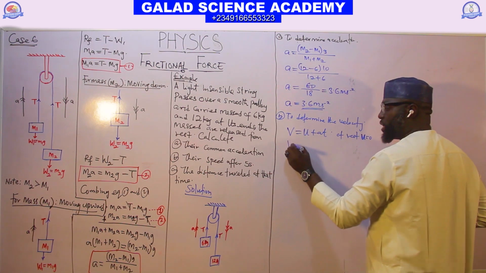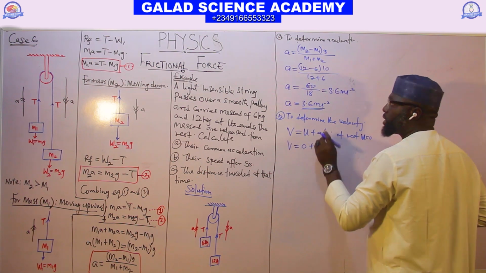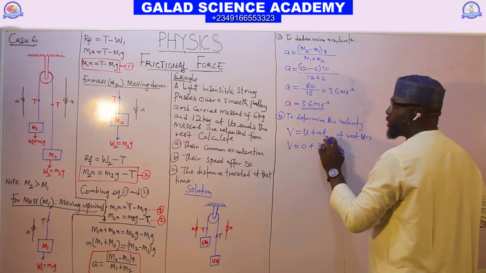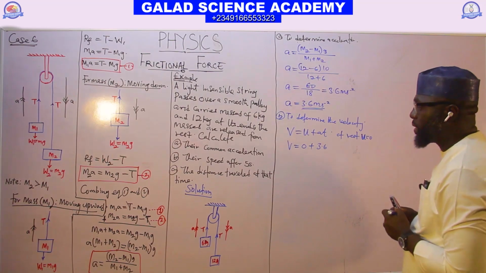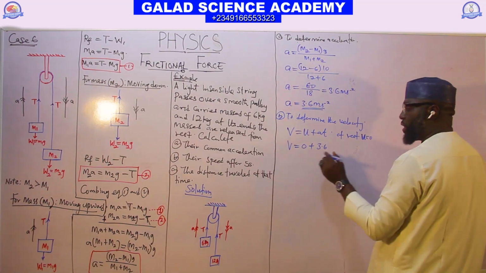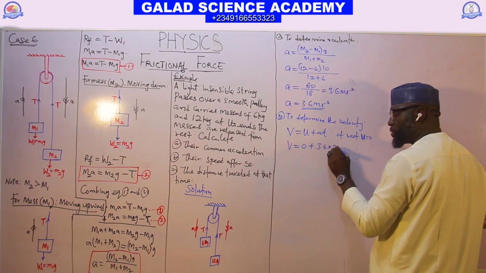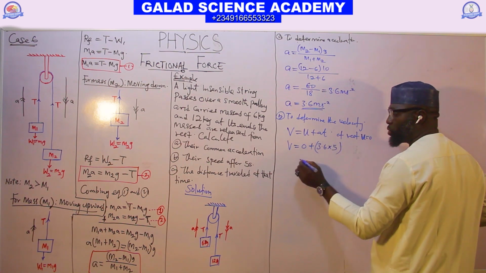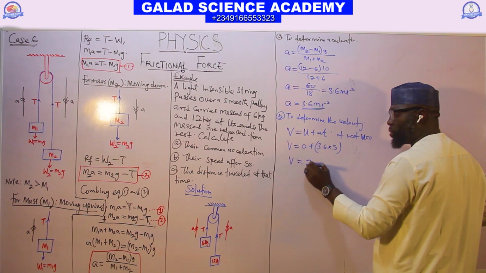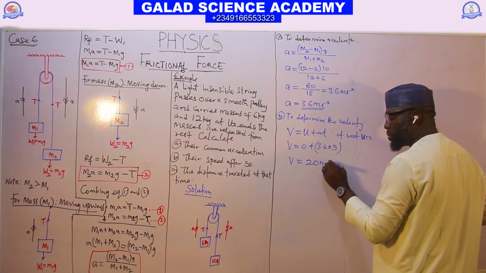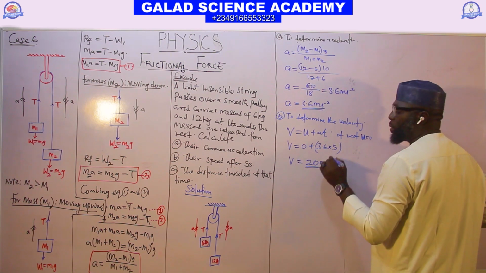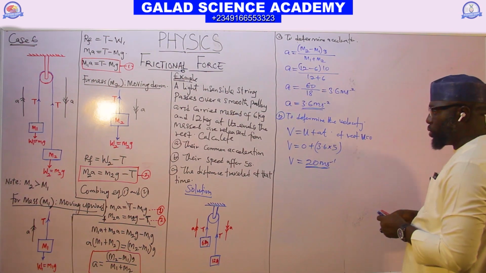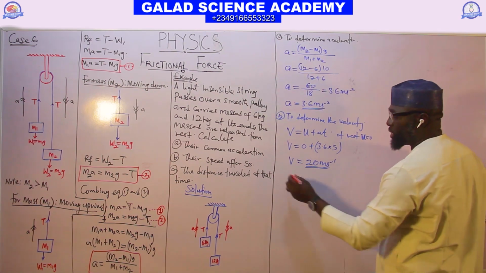You now have V should be equal to 0 plus, what is the acceleration? 3.6, multiplied by the time given, 5 seconds. That will be 18. Velocity will be 18 meters per second. The last one is to determine the distance.